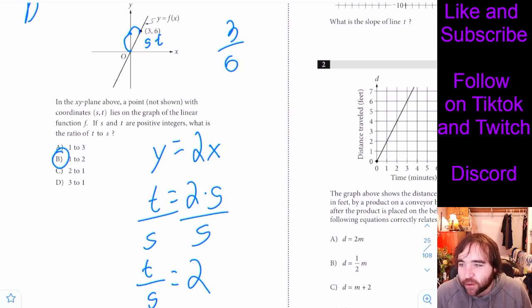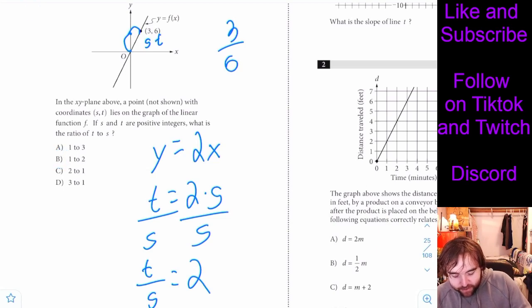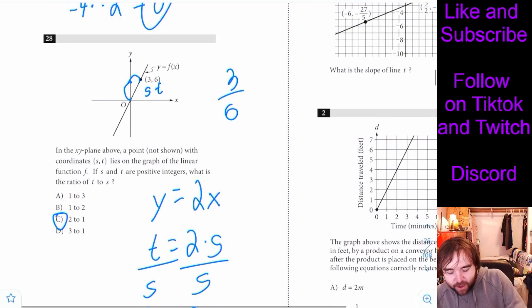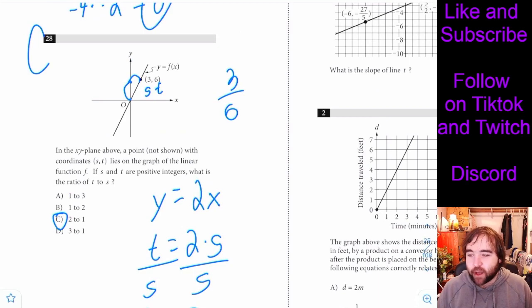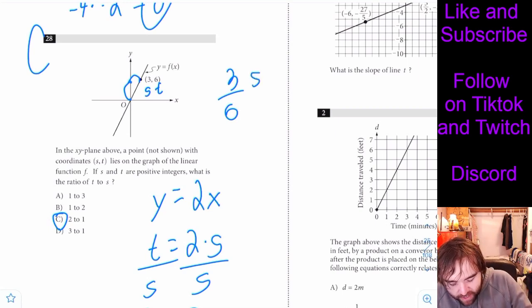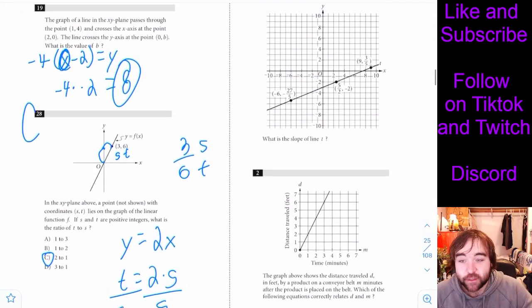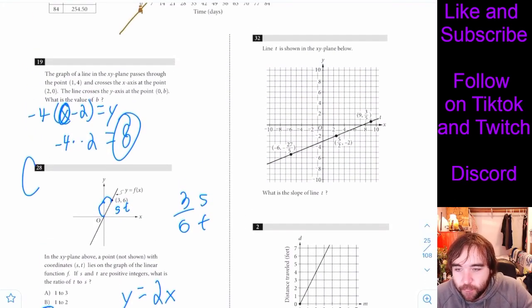That's why I did it wrong. T is double s. Ooh. Good thing I did it out. So yeah, 2 to 1 because it's t to s. I think I just read it wrong because s is definitely 1 when t is 2. And yeah, you see right here I did s to t, where it was supposed to be t to s. So yeah, definitely make sure you're paying attention to that.